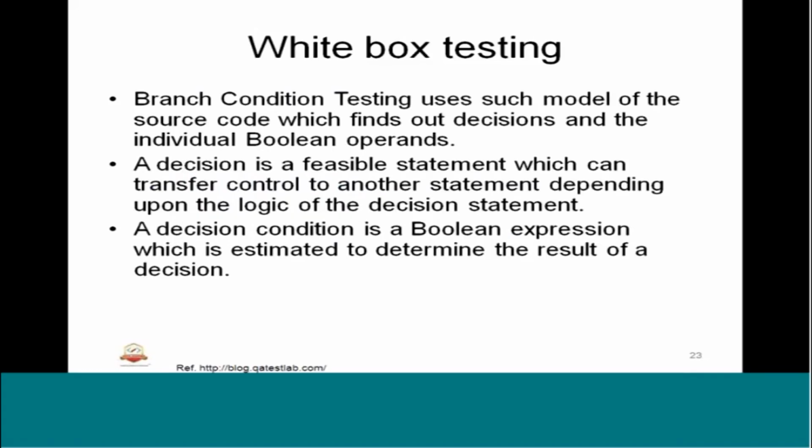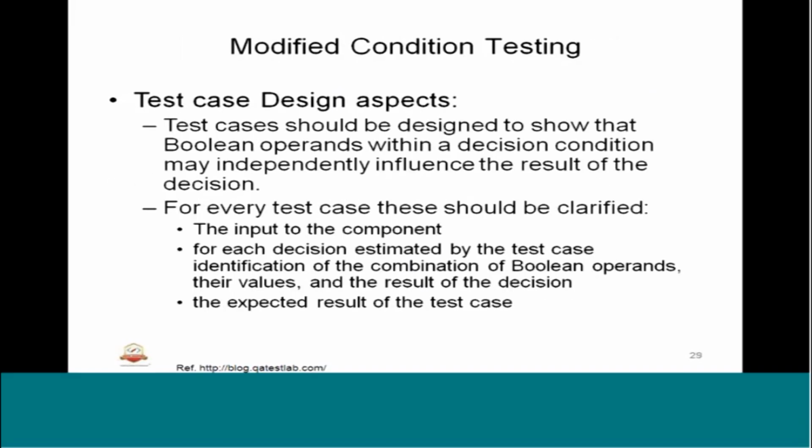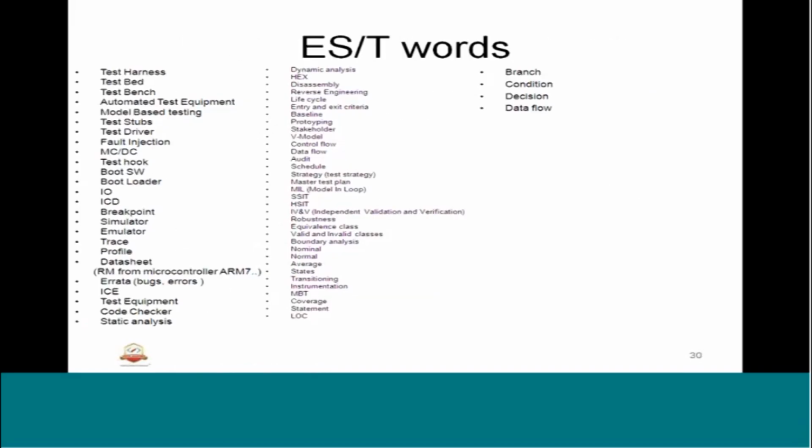Okay. So some of the embedded system testing words we will go through. What we have added today are branch, condition, decision, data flow. Along with other words, we list out for each session how many embedded system jargons or words we use. Of course, there is a glossary.